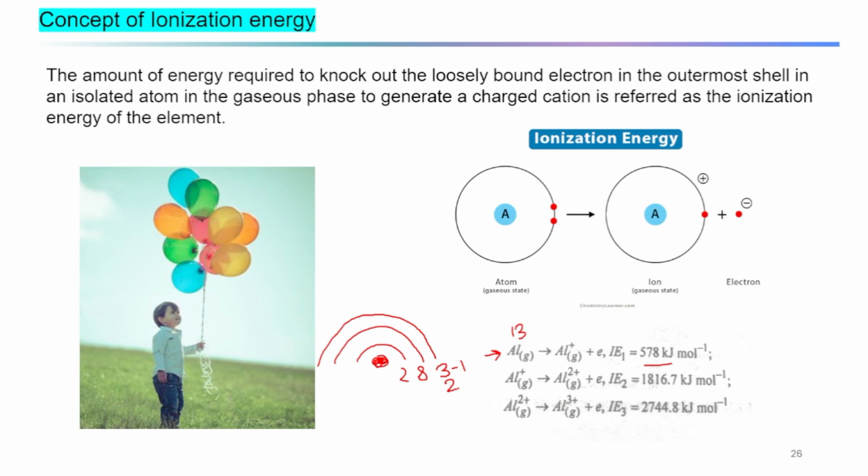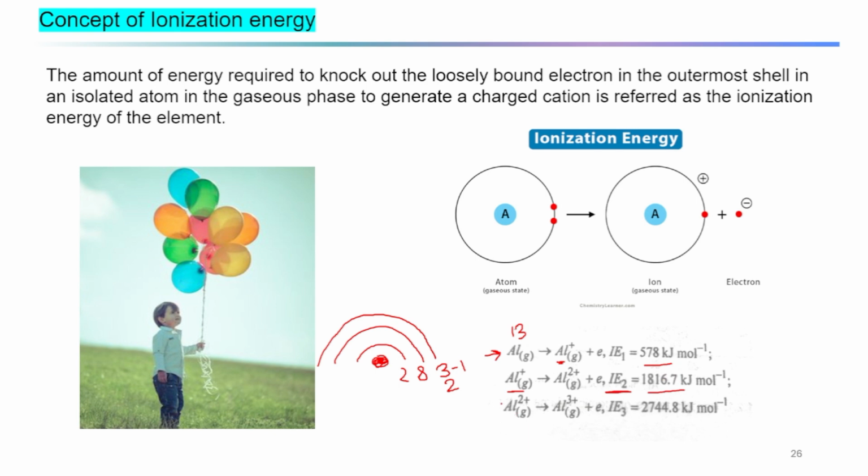They will feel more attraction towards the nucleus, right? So now when we try to take out another electron from this aluminium plus, we have to supply more energy. That's why this IE2 is actually greater than IE1, ionization energy 1.